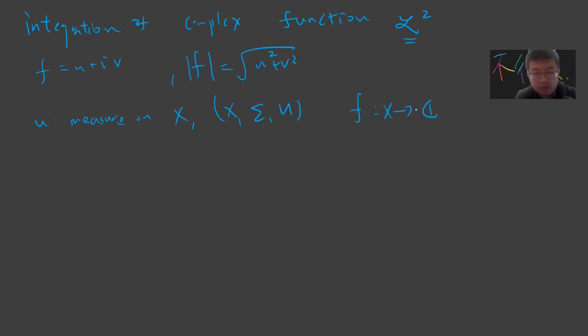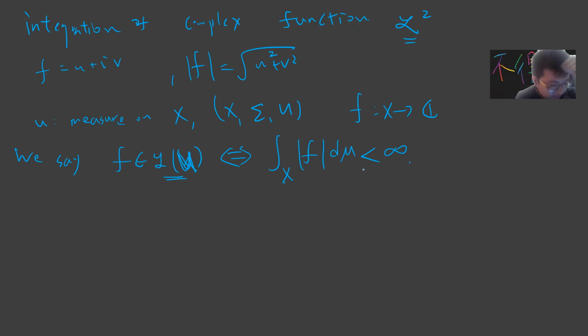We say f belongs to L1 of X. This means that the integral of the absolute value of f d mu on X is finite. So you need to ensure f is measurable and the integral is finite. This is L1 space. Most of the theorems we previously proved work for the complex-valued case.